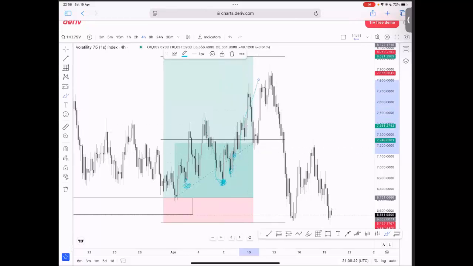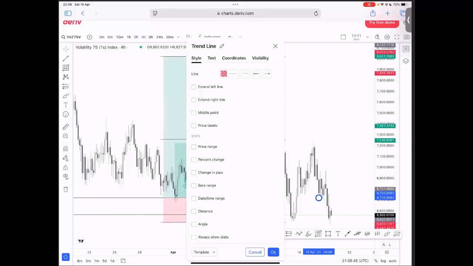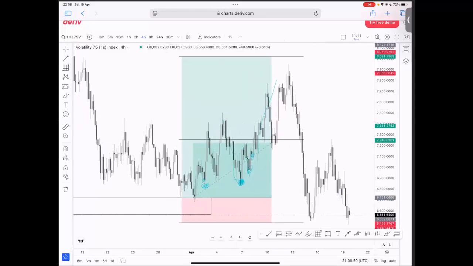So realize that hardly do these stacking points stick out in the discount of the price leg, and that is why I emphasize making sure that your stacking levels are in the first 50% when you're buying. So in the discount when you're buying and in the premium when you're selling.